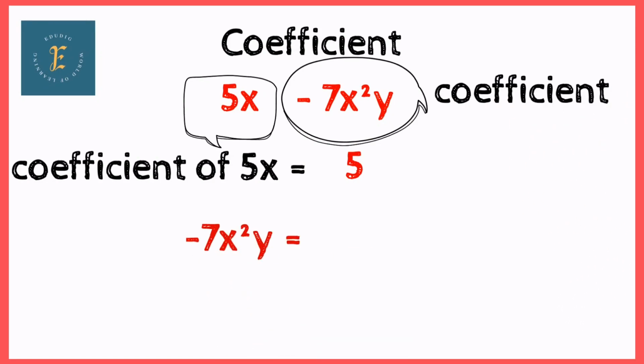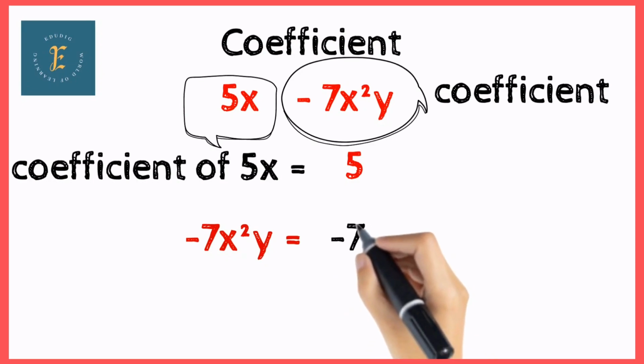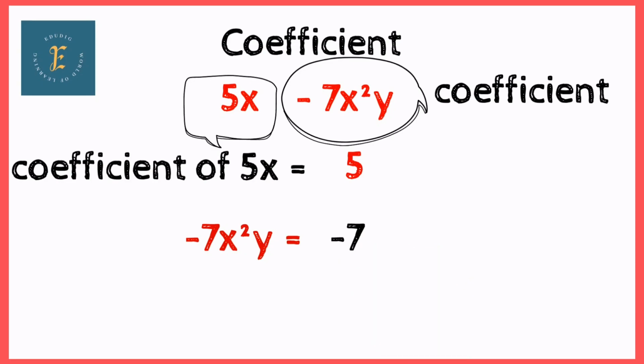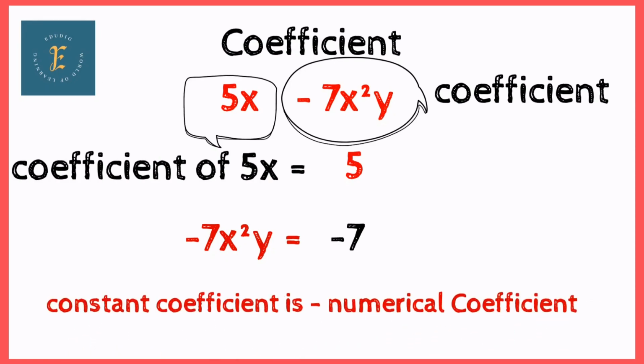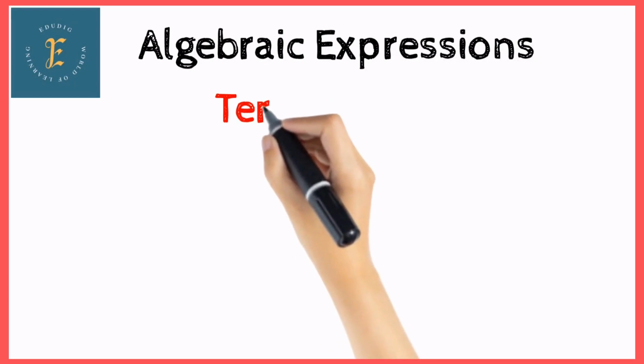So the coefficient of this term is equal to minus 7. So these are called the coefficients. Coefficient is nothing but the numerical value of the term, so it is also called the numerical coefficient. This is how we can find the coefficients.